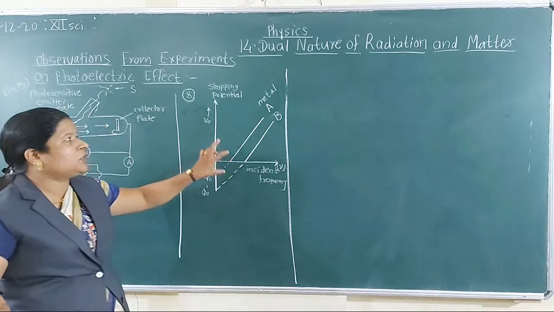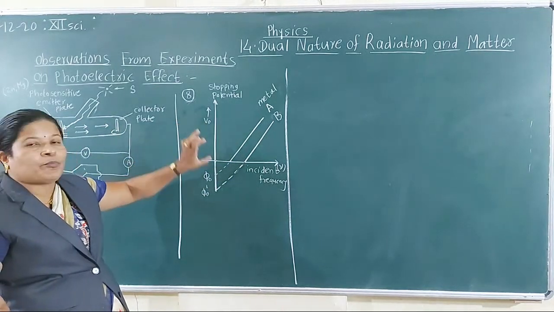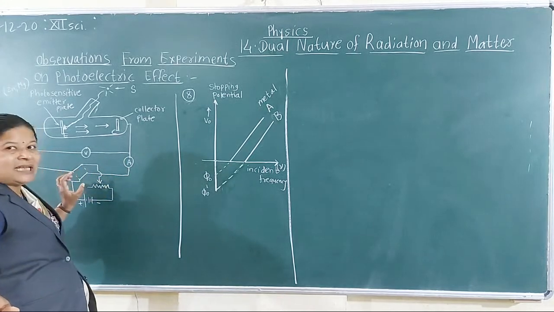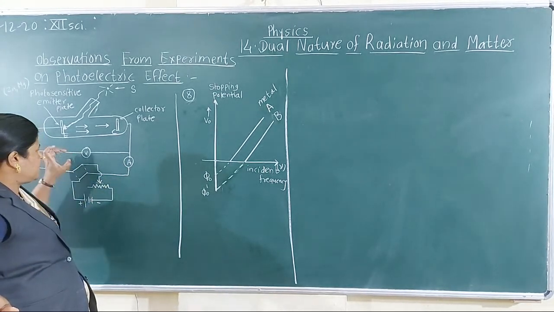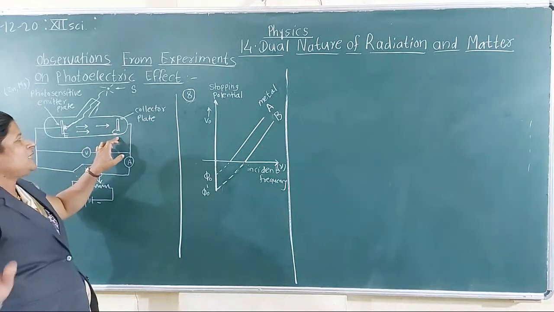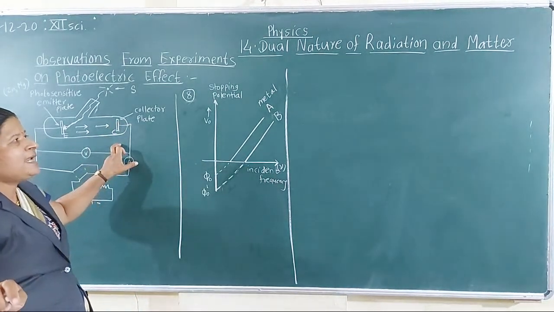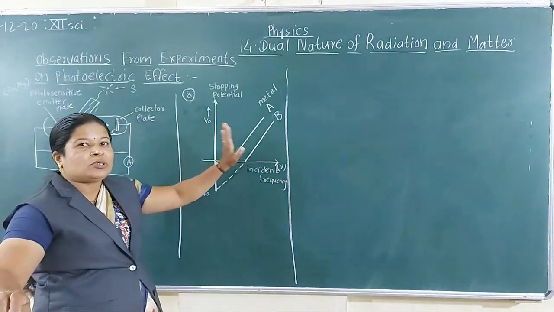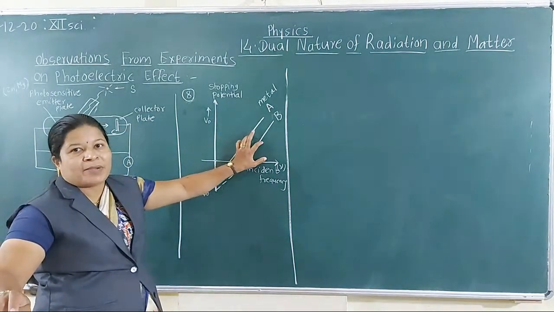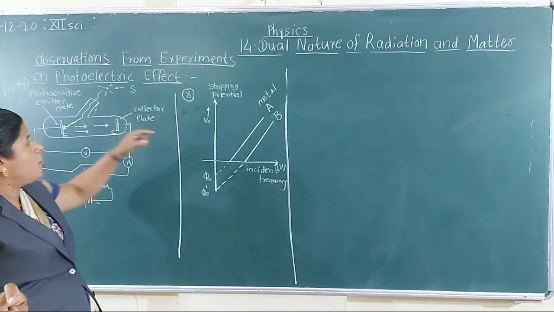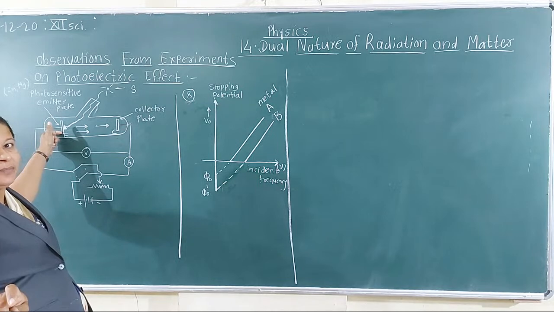What is the relation between the stopping potential and frequency? We can vary the potential difference using these keys, the potential difference of this collector plate, and we are going to change different materials, different metals, of the emitter plate.